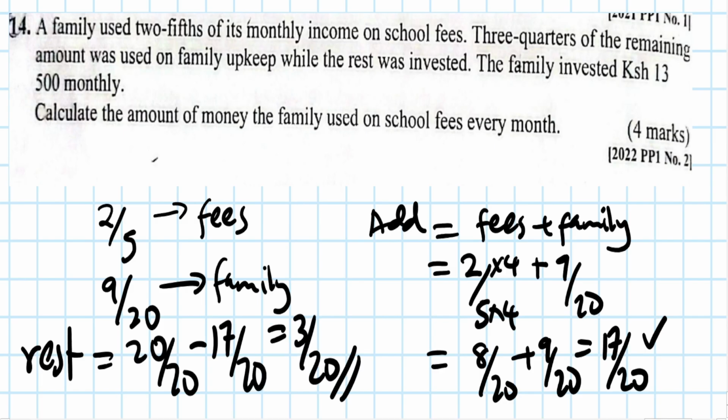And the family invested 13,500. Calculate the amount of money the family used on school fees every month.